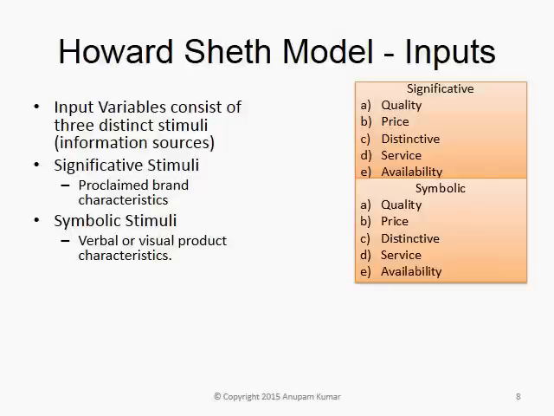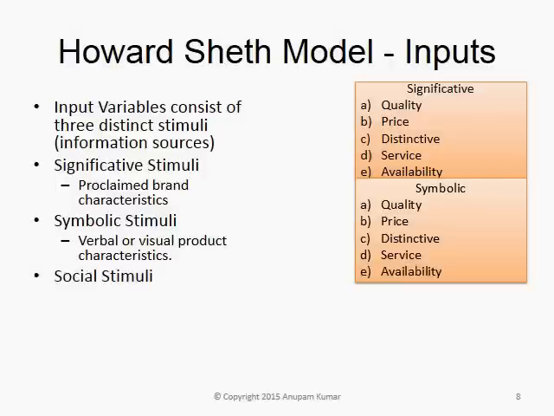Here, you would note that all the points as covered under the significative inputs reappear under the symbolic inputs as well. This is because what has been proclaimed by the selling organization may not have exactly the same effect on the consumer.